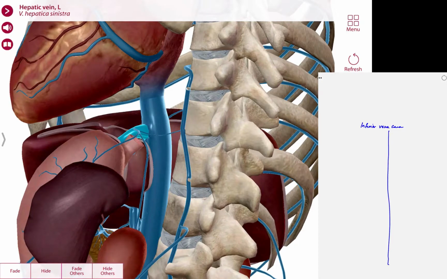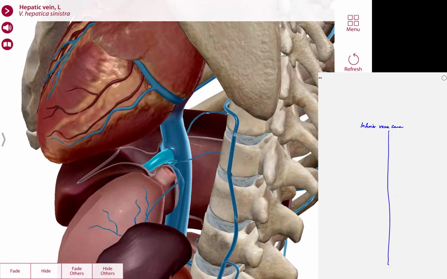That first branch is the hepatic vein. And the interesting thing about the hepatic vein is that the hepatic vein makes a portal system. What a portal system is, is when the artery goes to a capillary bed, which is normal.